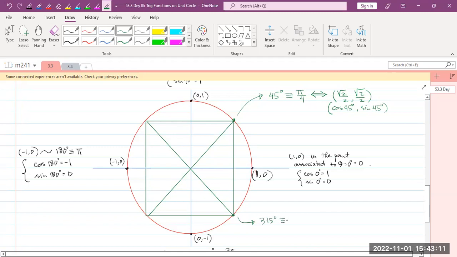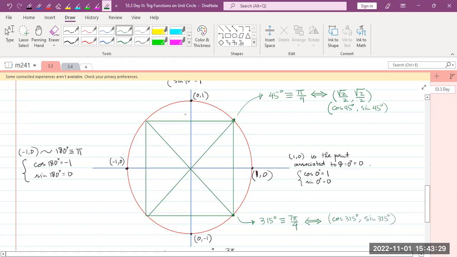And in radian, that will be 7 pi over 4. Now, the coordinate associated to it, take a look. We will be talking about cosine 315 degrees and sine 315 degrees, right?